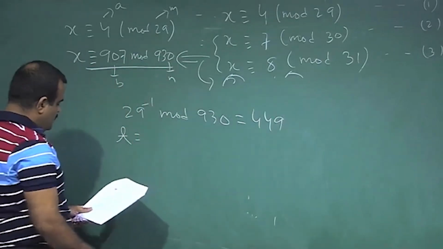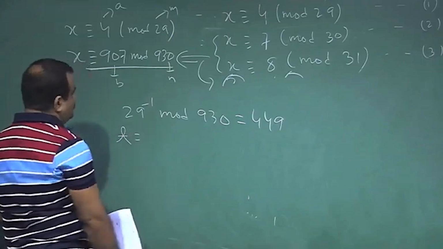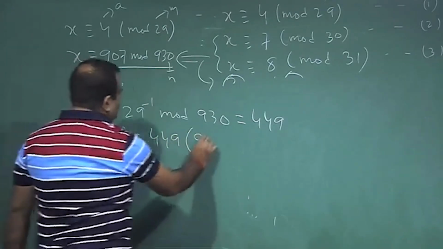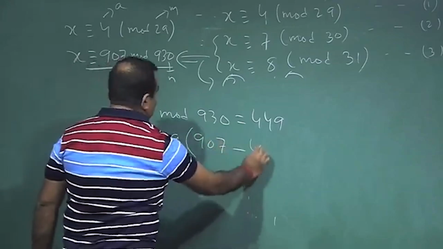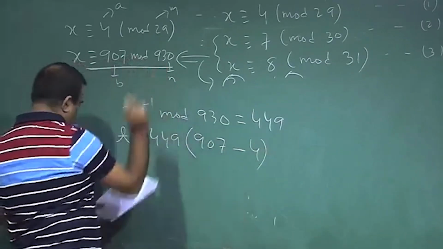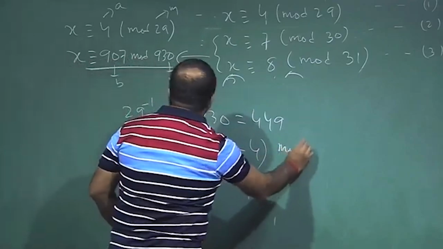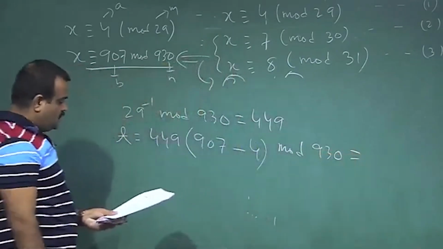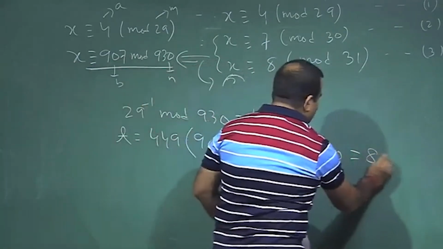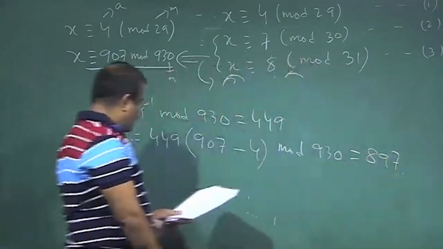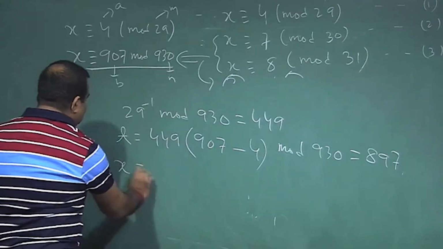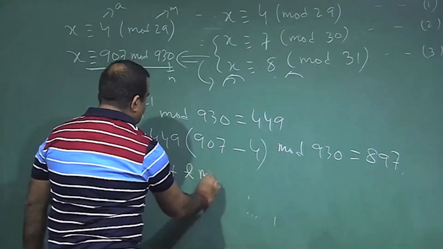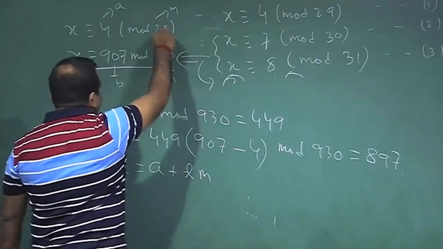Now t we can calculate. t is basically m inverse into (b minus a), so 449 into (b minus a) mod n. If we calculate, this will give us 897. Okay. So now x equal to what? x equal to a plus tm mod m times n, these two.